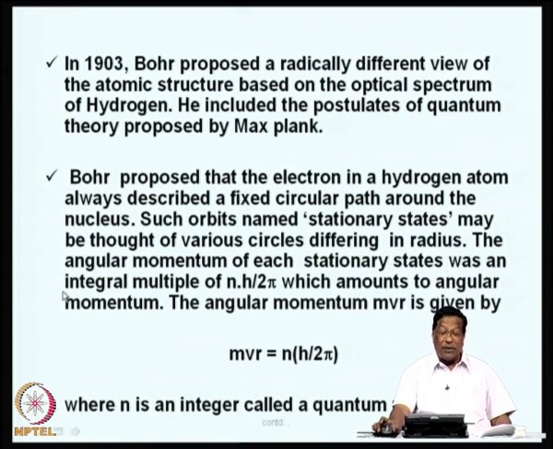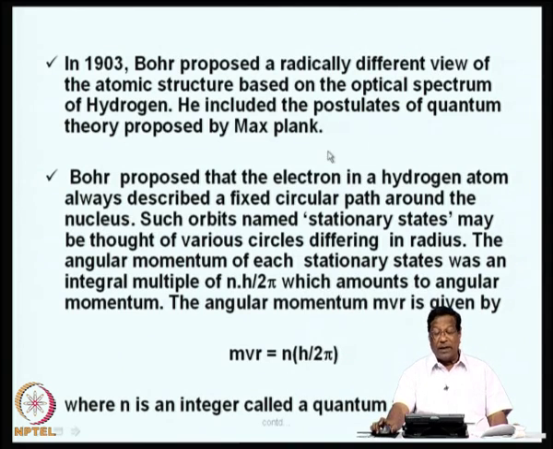In 1913, Niels Bohr, a great physicist of our times, proposed a radically different view of the atomic structure based on the optical spectrum of hydrogen. He took the spectrum of hydrogen and included the postulates of quantum theory proposed by Max Planck. So, what exactly did he do?